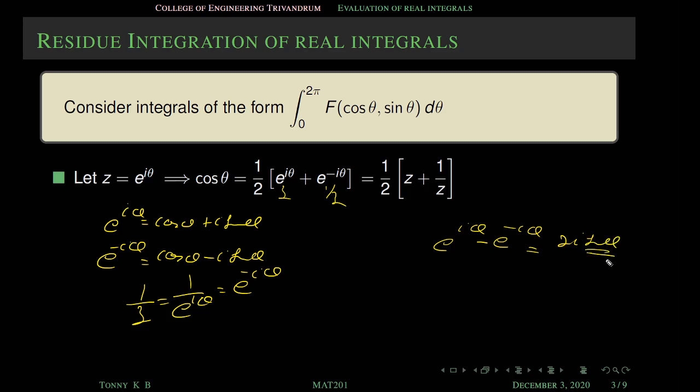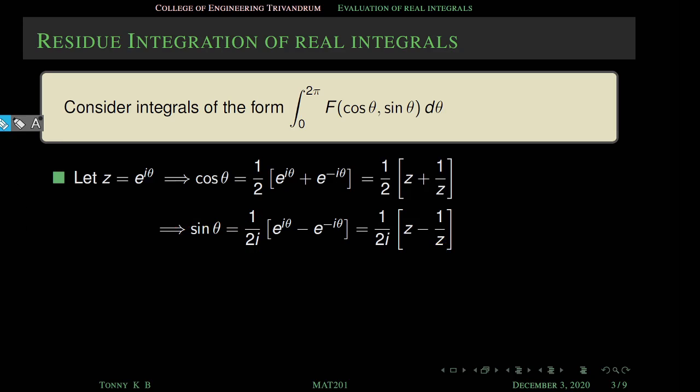So sin theta is equal to e raised to i theta minus e raised to minus i theta, divided by 2i. So sin theta becomes 1 by 2i times e raised to i theta minus e raised to minus i theta. And we know that e raised to i theta is z, and this is our 1 by z. So sin theta in terms of z is 1 by 2i times z minus 1 by z.